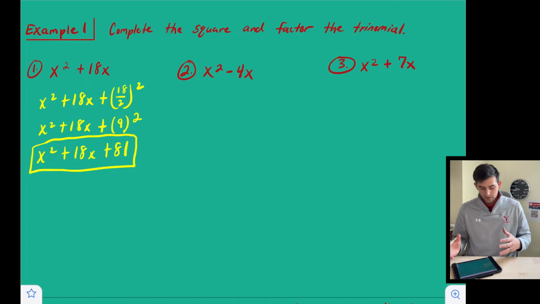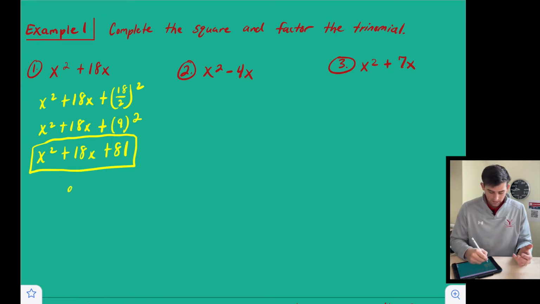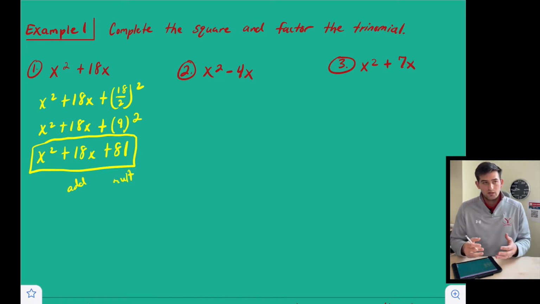Okay, so now from here, we can factor this as the square of a binomial. Remember when we factored, I've already linked the card to how to factor when a is 1. Really, we just want to ask what two numbers add to b and multiply to c? In this case, what two numbers add to 18 and multiply to 81? Well, that's 9 and 9.